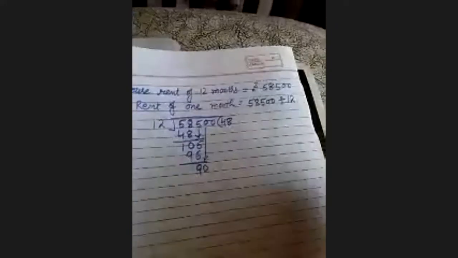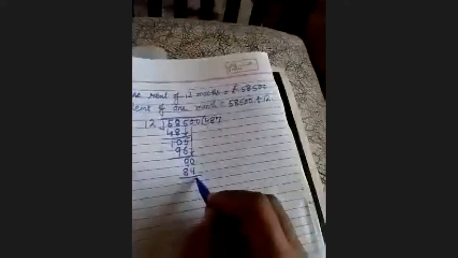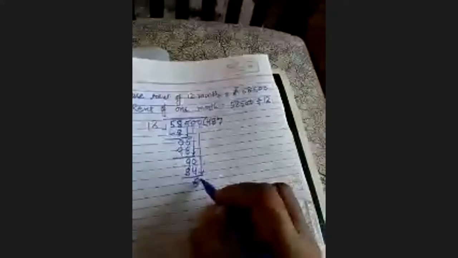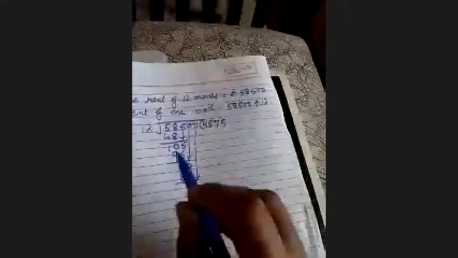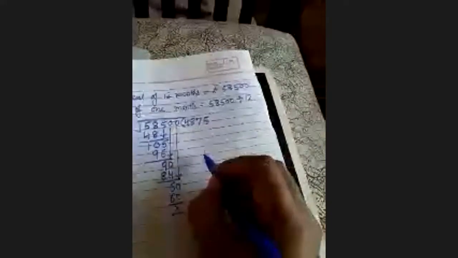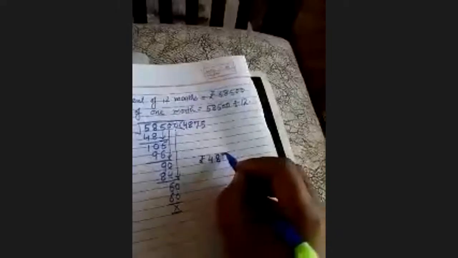Now we'll divide by 7. 84. 90 minus 84 is 6. At last we will divide by 5. So students, rent for 1 month is rupees 4,875.